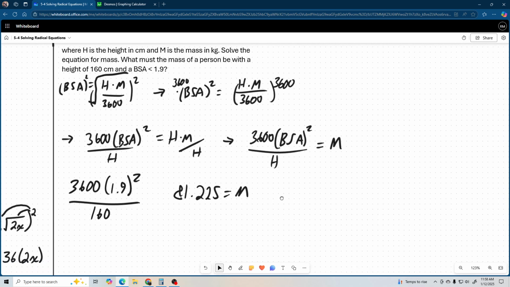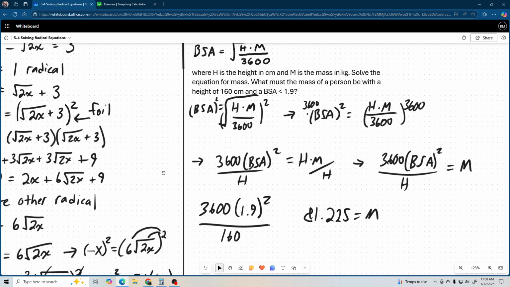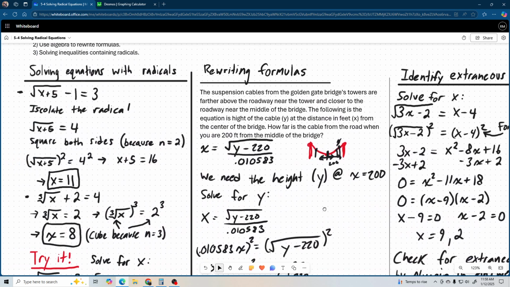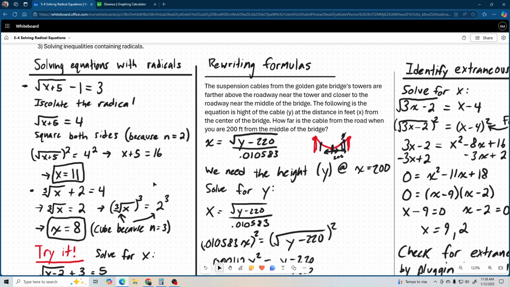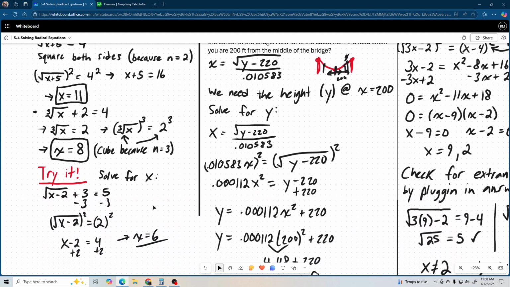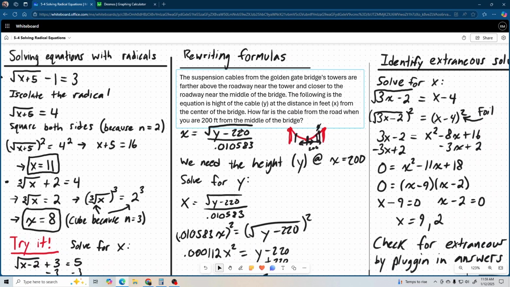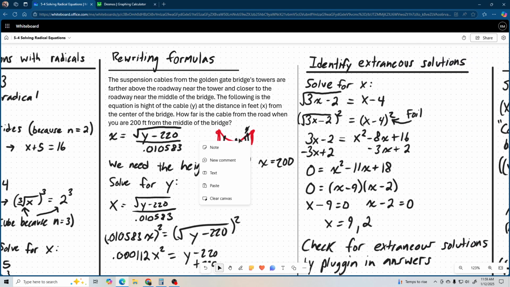Okay, so that's it. What we did is we started off by doing basic formulas. We solved equations using radicals. We learned how to take the square root of something or square something to negate each other out. Then we rewrote formulas using our Golden Gate Bridge problem.